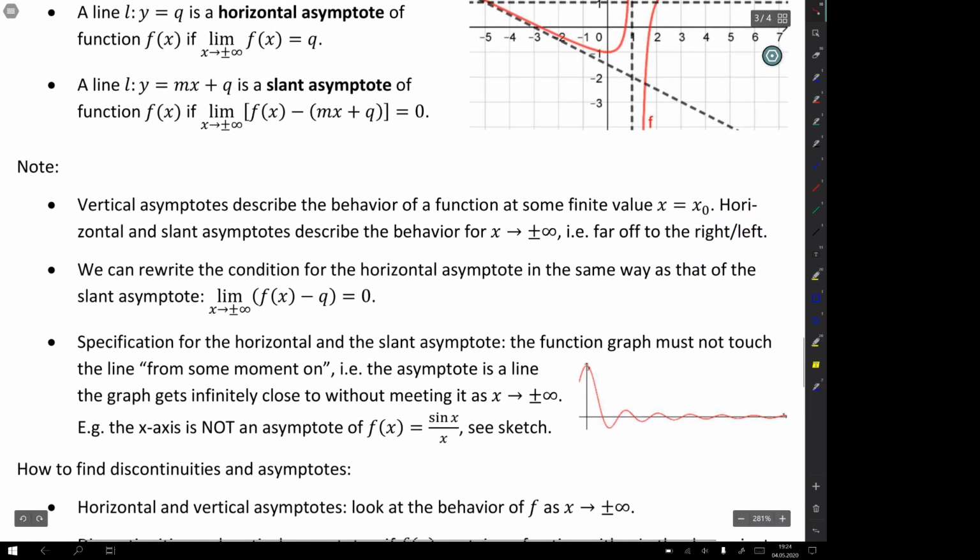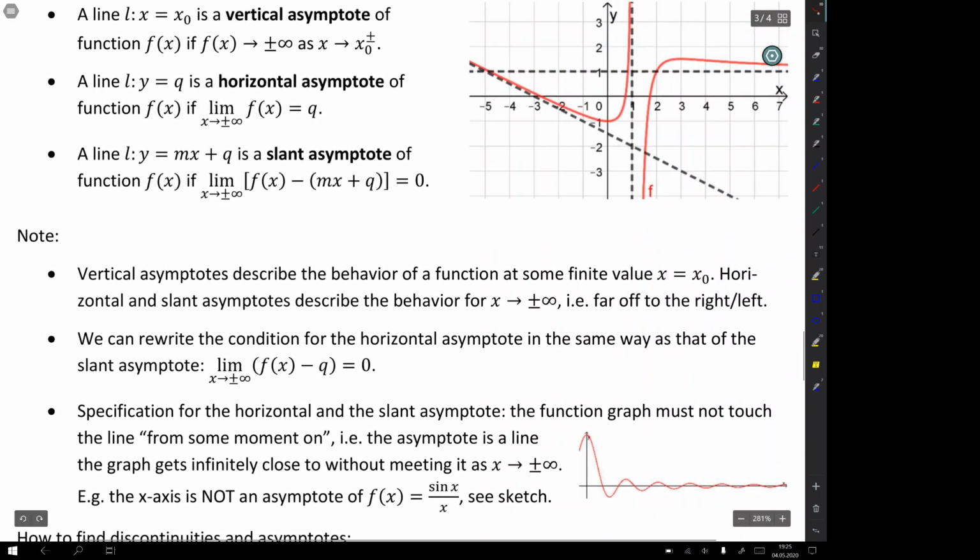One more specification, we say that the line is an asymptote if the graph approaches it more and more, it gets infinitely close to it, but never touches it or never meets it. Well, actually, that's not correct. It means that from some point on, it will never meet or touch it.